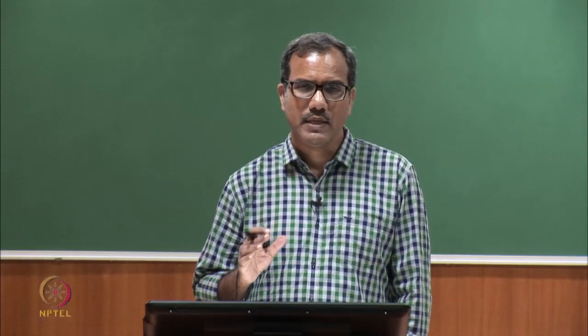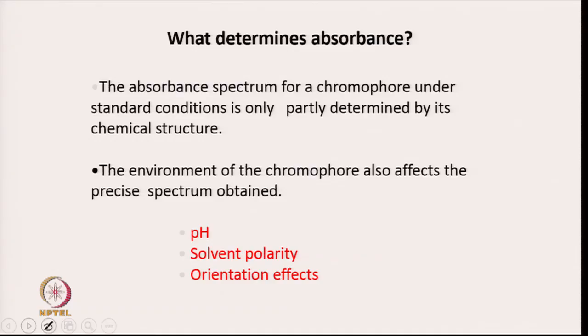So, what determines the absorbance? The absorbance spectrum for a chromophore under a standard condition is only partially determined by its chemical structure. So, it is not always true that only chemical structure determines the UV visible spectra. Environment of the chromophore can also affect the precise spectrum obtained. And what are the different environments you can think of?